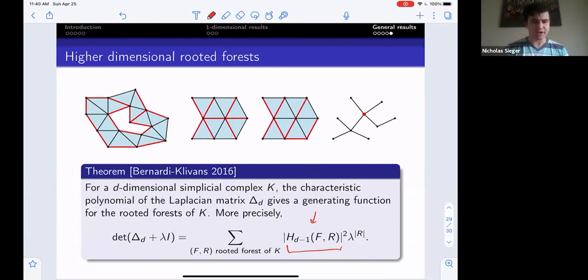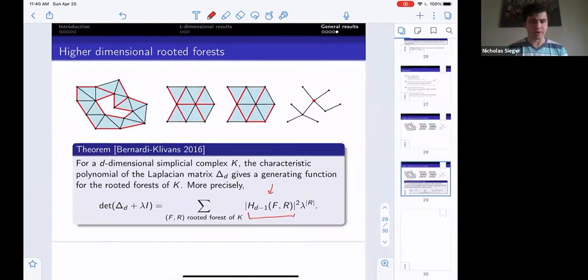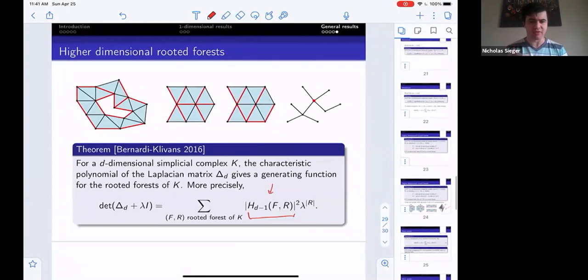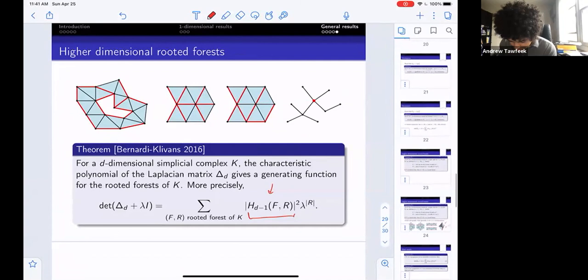Could you possibly go back to the part where you talk about how all the interesting information in your complex was at the dth level? Oh, sure.